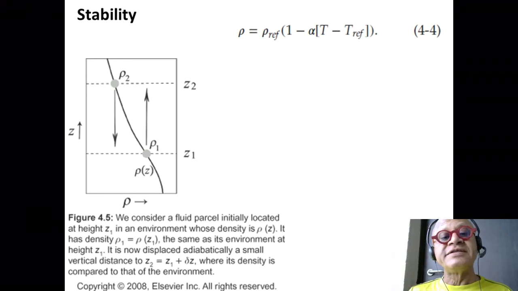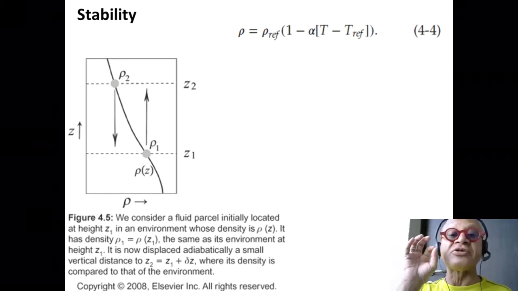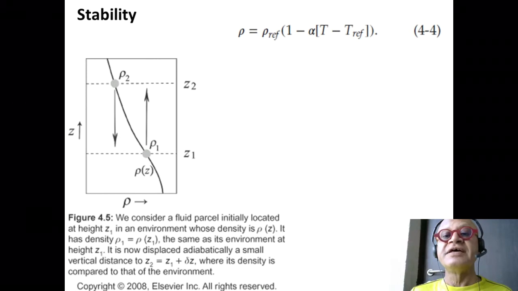So the density rho at any point is going to depend on the temperature, whether you warm it or cool it, and that is related to the reference density, some density at a particular temperature that's chosen as a reference temperature, and it's going to depend on the thermal expansion coefficient.